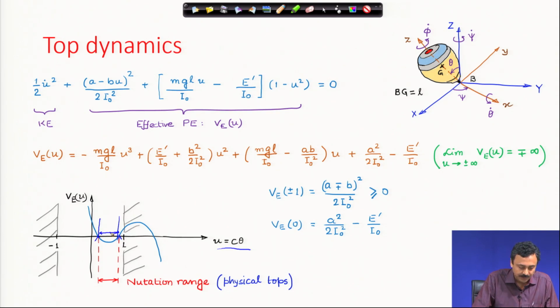In other words, this lower bound should be much away from u equal to 0, because if it touches the ground, the top will be called unstable, it has fallen off. So, this is the nutation range for a physical top, and this picture should be clear that the top oscillates between these two limits, just like a ball in a concave dish will oscillate.